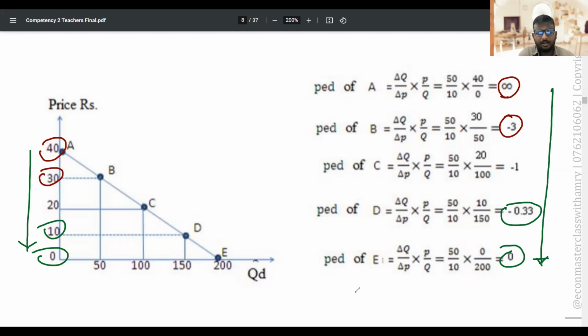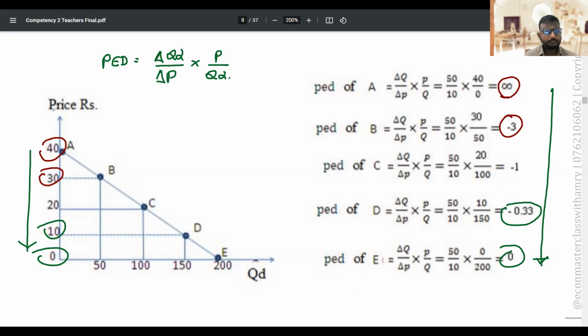When you are measuring PED, specifically point PED, your equation is change in QD over change in price, times the price at that point over the quantity demanded at that point.